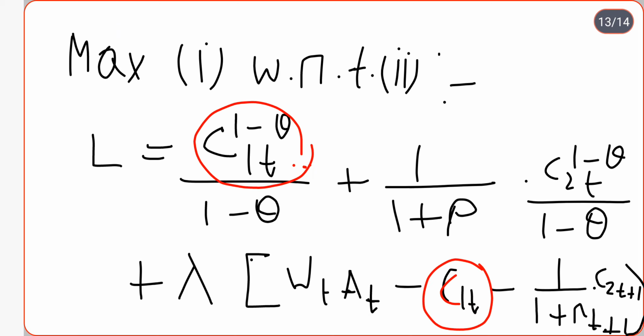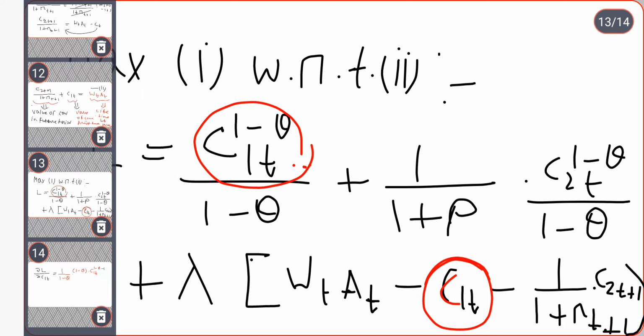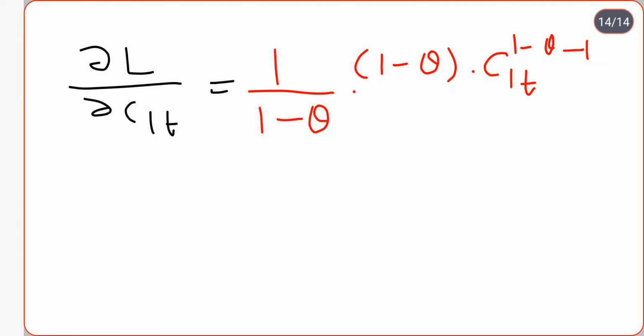Now if I want to differentiate the C1T term, it is multiplied with lambda, and lambda will be taken out as a constant, and we will differentiate only C1T, and it is minus C1T, so we will have only minus 1, and lambda multiplied by minus 1 will be the result of the derivative. It is equal to 0. We are setting up the first order condition equal to 0.